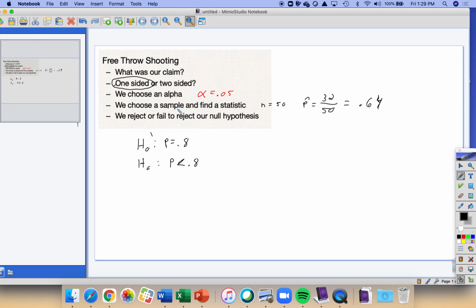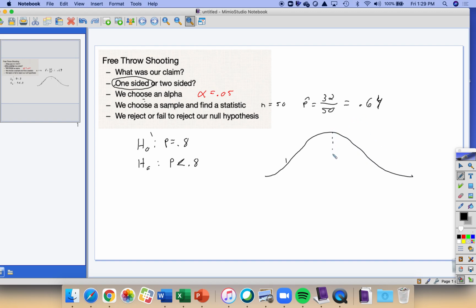When we found our p-value in our little example, we used a simulation to get a sampling distribution. But we don't need a simulation, right? We know how sampling distributions work. Essentially, here is my distribution.